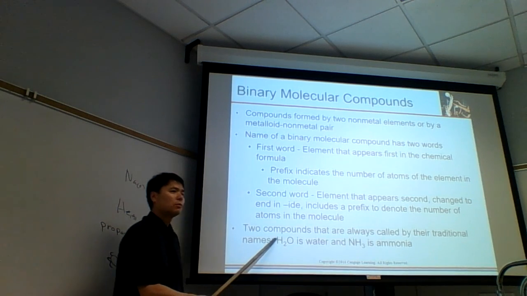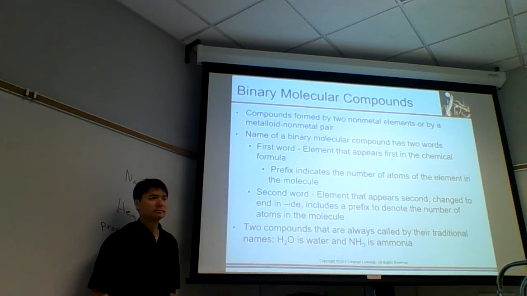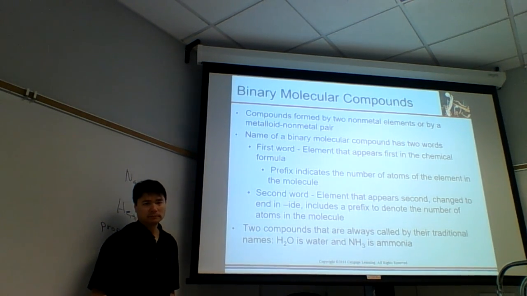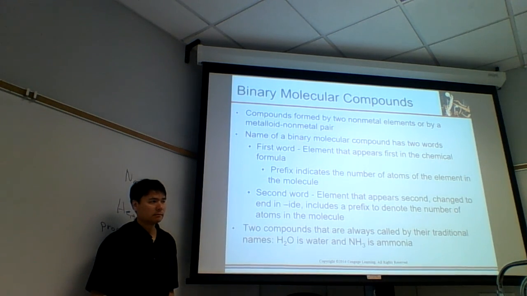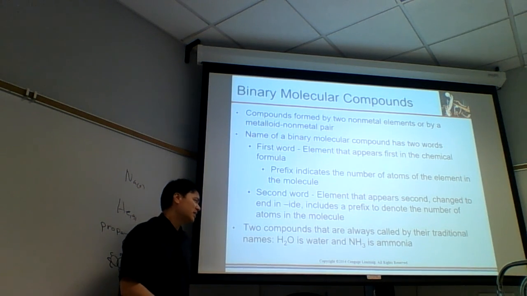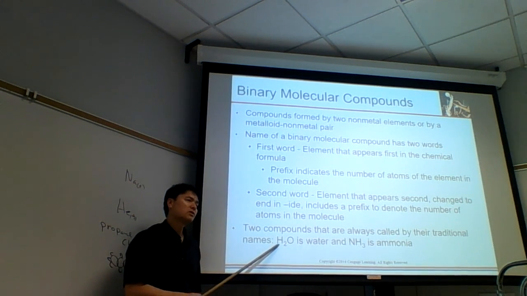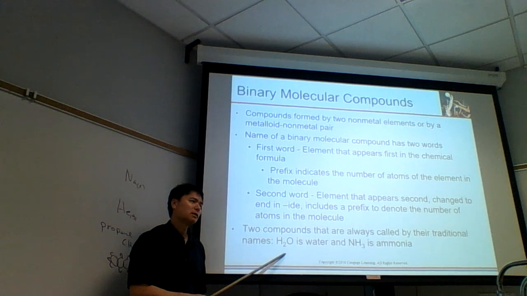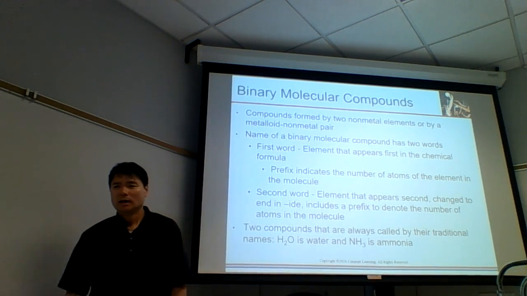Now, this one, how would you name this? Hydrogen monoxide? Yeah, except in this case, if we just called it hydrogen, it would refer to one hydrogen. So we should call this dihydrogen monoxide.